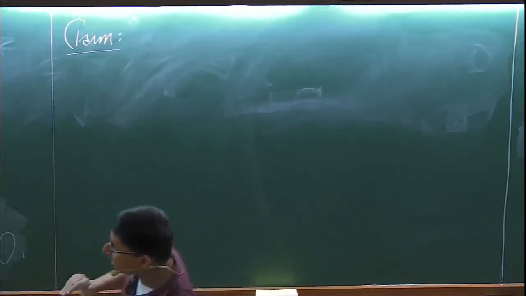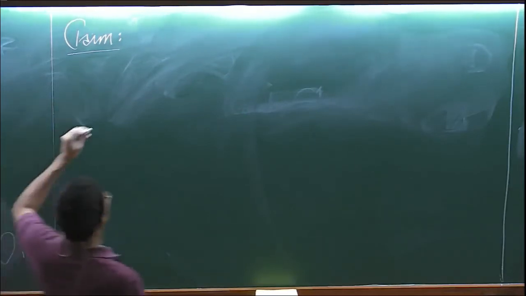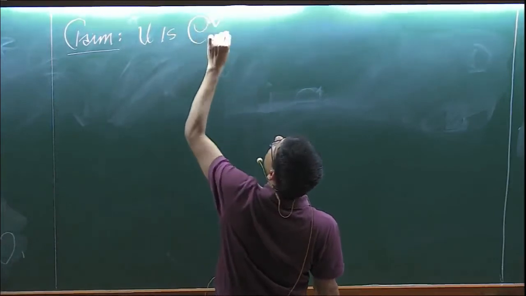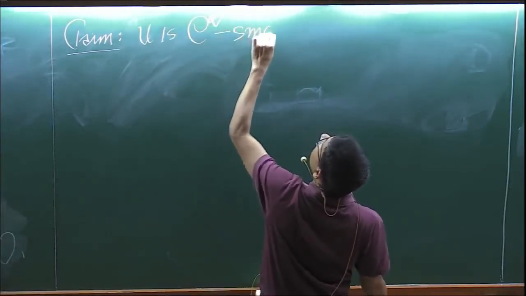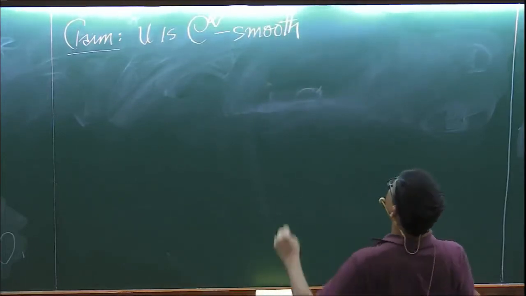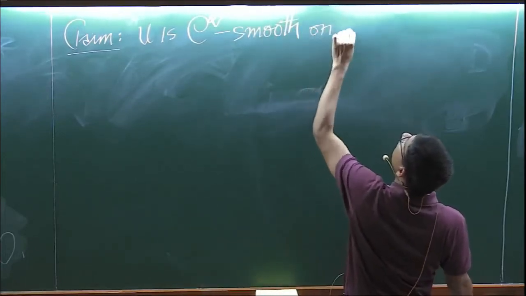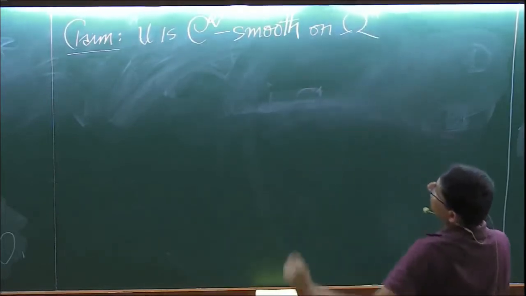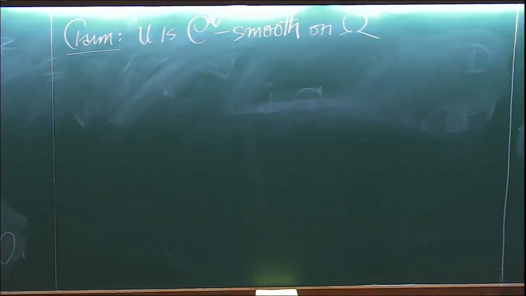My claim is that this U is C infinity smooth on omega star.